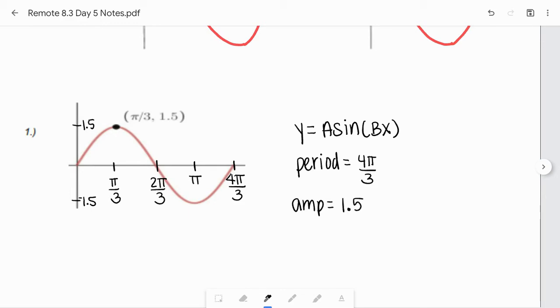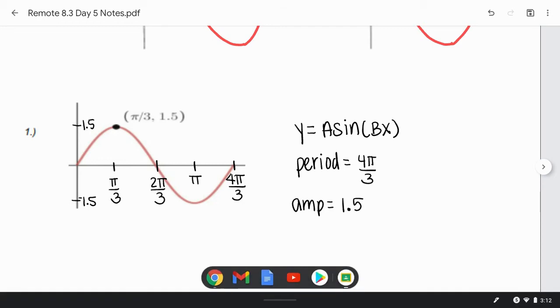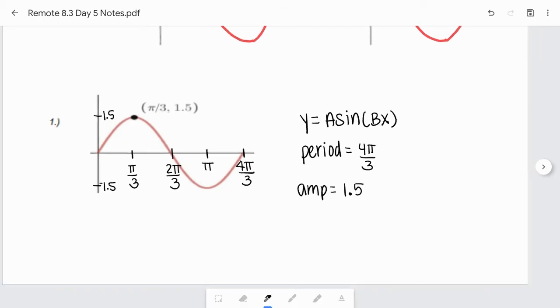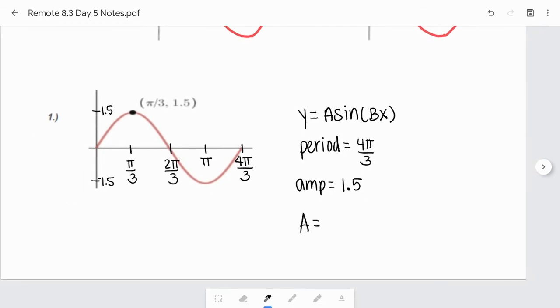Okay, so we know what A is. We were asked to find A and B. So our A is going to be equal to 1.5 since that's our amplitude. We still need to find B. Okay, and if we remember, the period is equal to 2 pi over B. Okay, and I know that that's equal to the period, so 4 pi over 3.